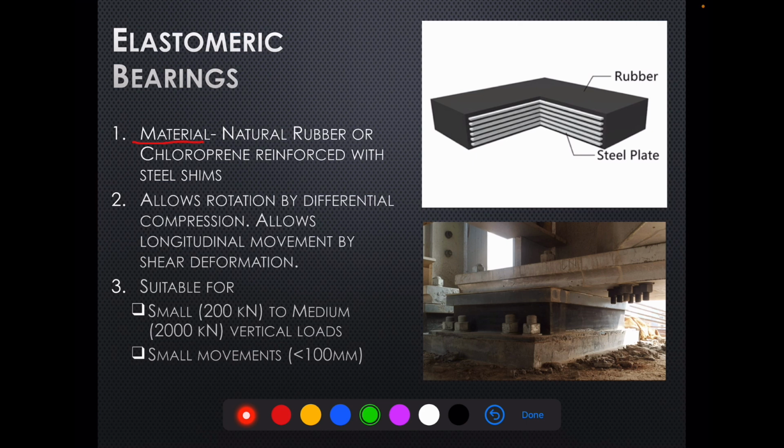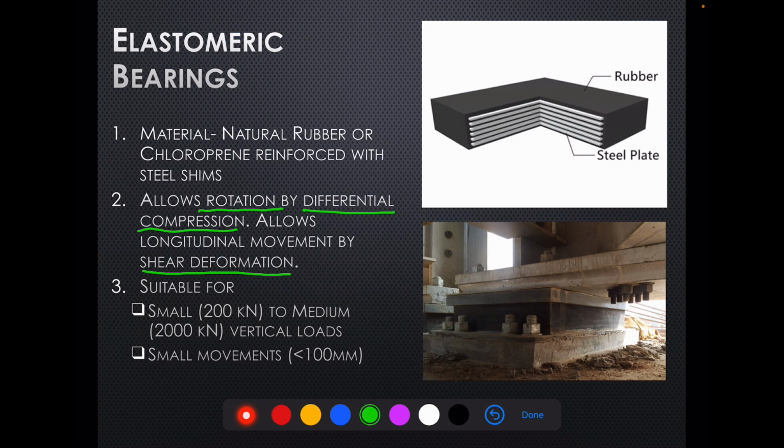This is how the rubber of the elastomeric pad is reinforced with steel. This makes it very strong and very weatherproof also. So this is about the material. How it works: it allows rotation by differential compression, and it allows longitudinal movement by shear deformation.